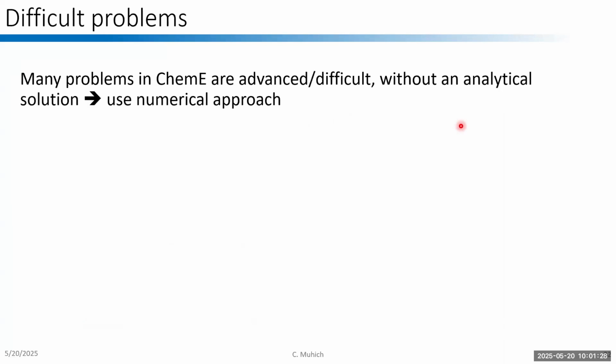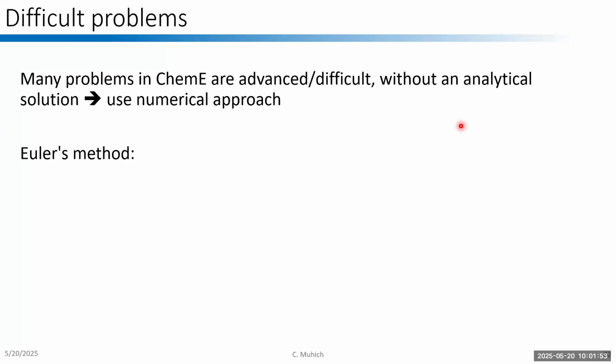However, many problems in chemical engineering are quite advanced and are difficult, and they may not have analytical solutions, right? We may not have a way to just take that differential equation and come up with a solution. Therefore, we need to use what's called a numerical approach.